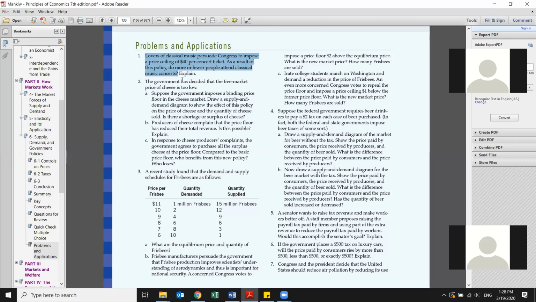Suppose a price ceiling is $40, which is below the equilibrium price. So what will be the explanation? You can give a voice answer if you want. Price ceiling, please. What will happen as a result?